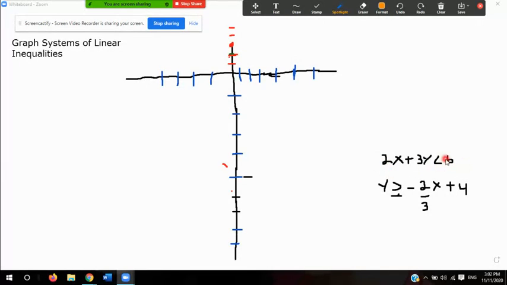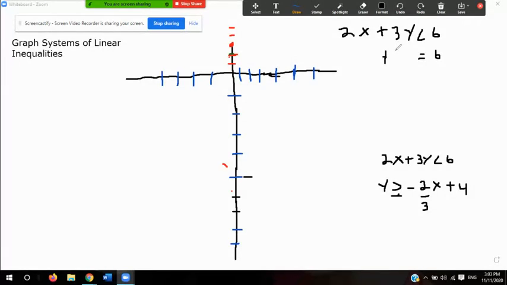So the first thing I want to do is get rid of this. That means I am going to first solve for y, and I have 2x plus 3y is less than 6. If you're going to solve for y, you can rewrite this equation, and instead of writing less than 6, you can say equals 6, so that it's easier to work with.